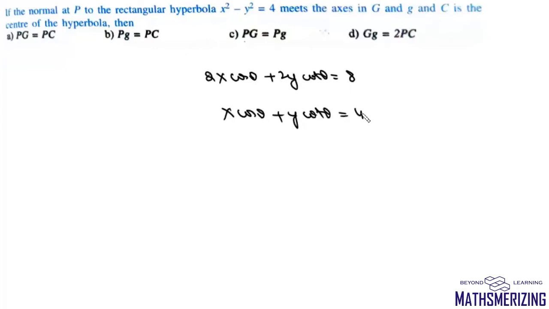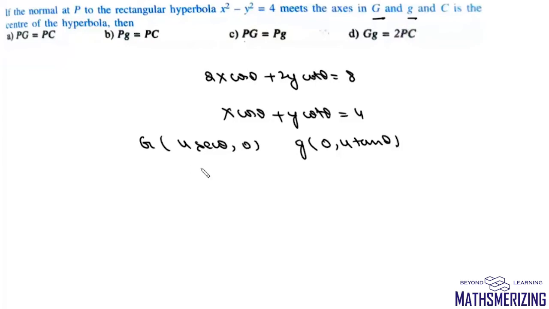Now this normal meets the axes in capital G and small g. Suppose it meets the x axis in capital G. So we'll put y as 0. We'll get this as (4 secant theta, 0), and for small g, we'll put x as 0. We'll get this as (0, 4 tan theta).